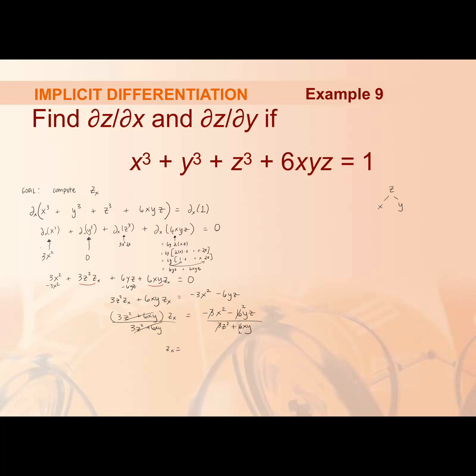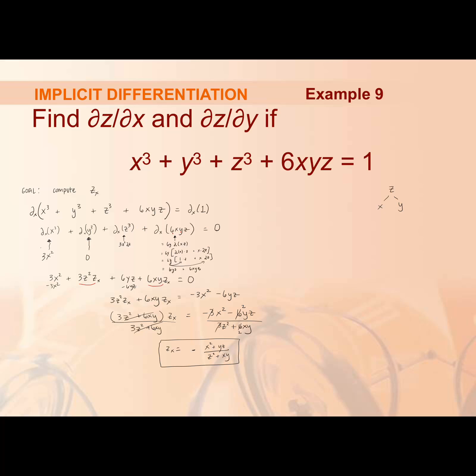So I can pull the negative out. So I have negative (x squared plus yz) divided by (z squared plus xy). And that is my final answer.